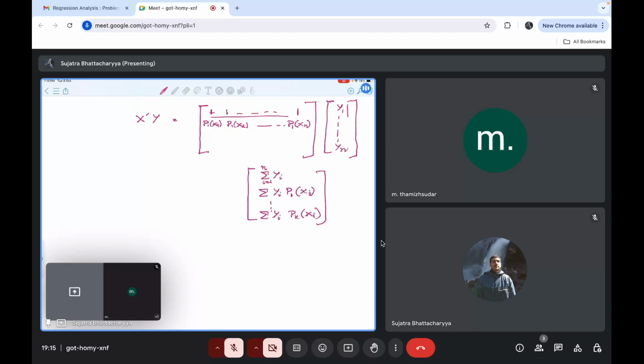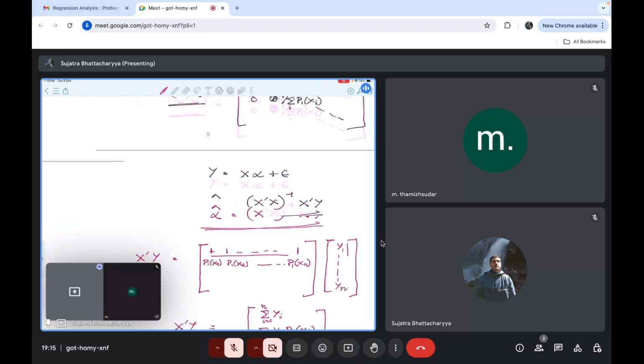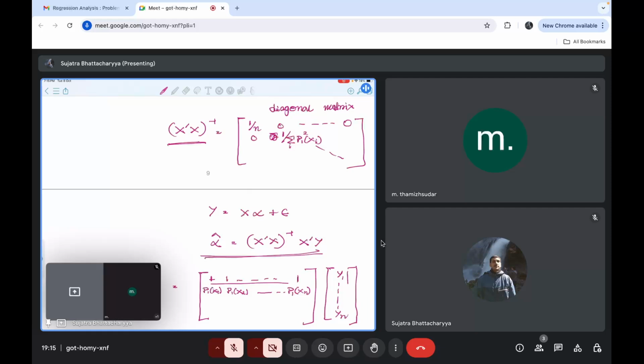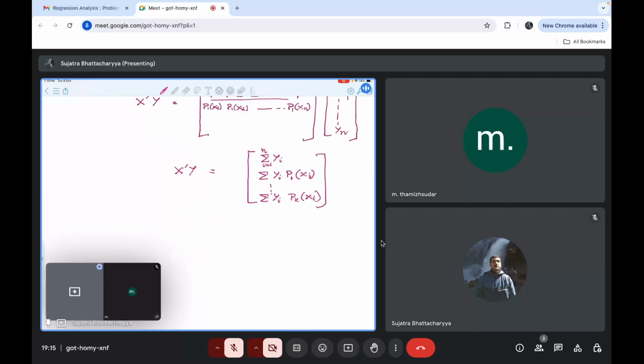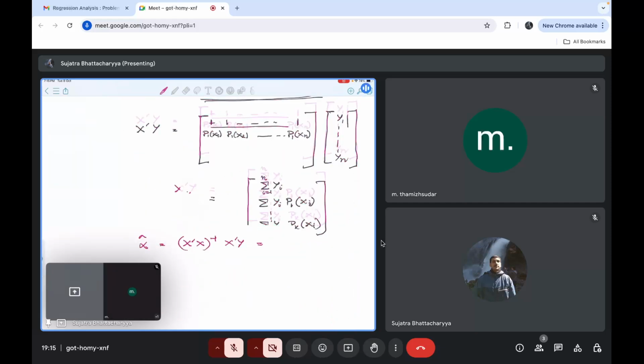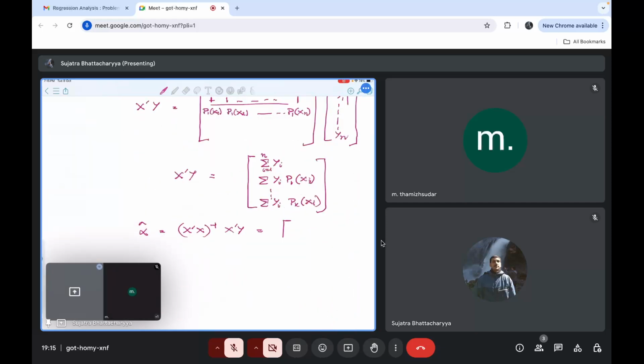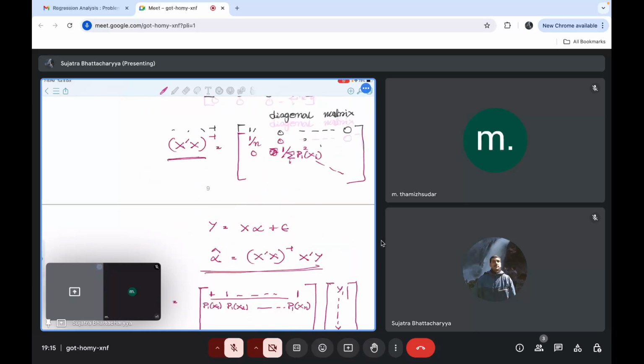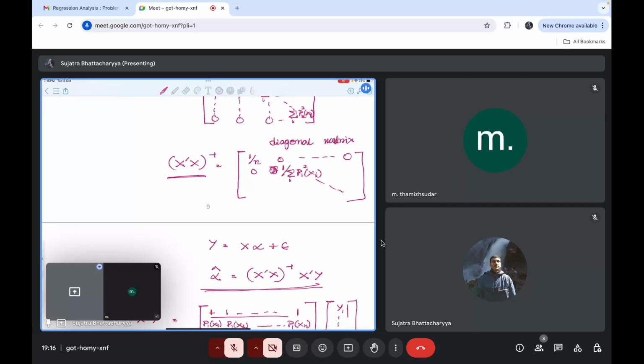Now, this is X prime Y. Remember, we already know what X prime X inverse is. Okay, so just the first term will be multiplied. So if you now write alpha hat, which is nothing but X prime X inverse into X prime Y, just look at it. What is the first term? 1 by n. All other elements are 0. So just multiply by n. So the first term will be 1 by n multiplied by whatever we have got, summation of yi, i equal to 1 to n. Similarly, next will be 1 upon summation of p1 xi square.